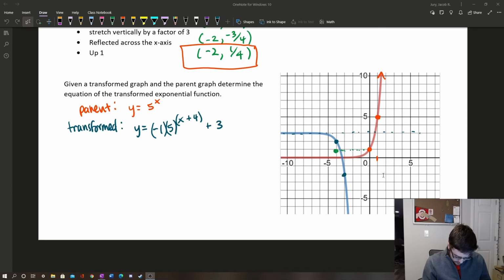So it would go there, reflected it, and then I would shift it up 3. So 1, 2, 3. And it would end up there. So I know that this transformation is true because I can do that with all the points. And if you want to go through and be detailed like that, then you can.